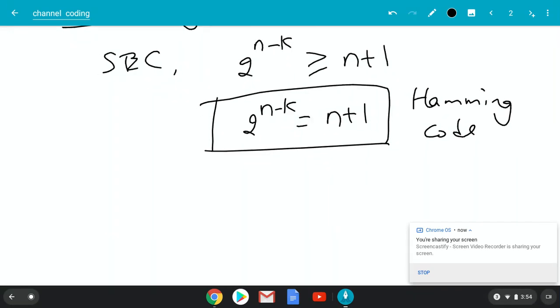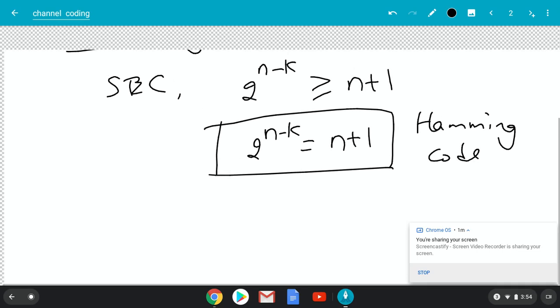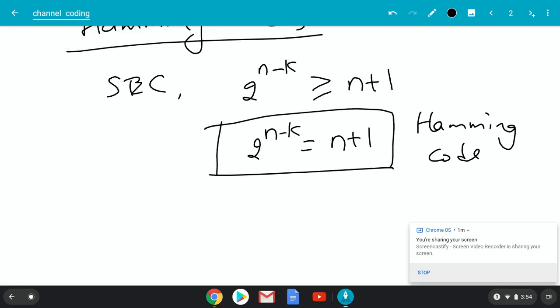So note that in general, n minus k is the number of parity bits, right? n is the length of the code word, k is the length of the message word, and 2 to the n minus k is the total possible. So for single error correcting codes, you need 2 to the n minus k greater than or equal to n plus 1.